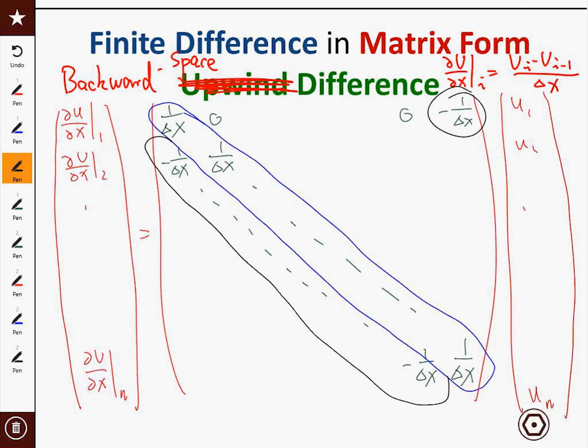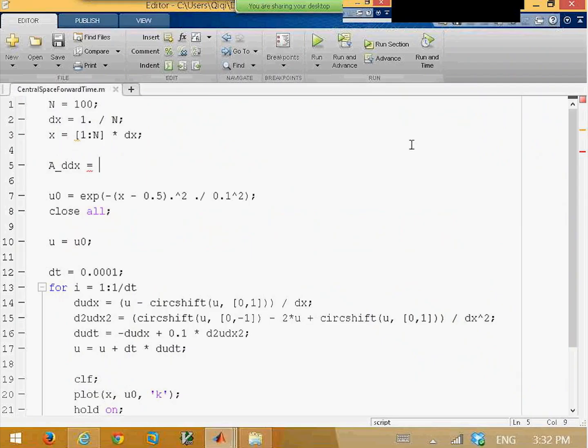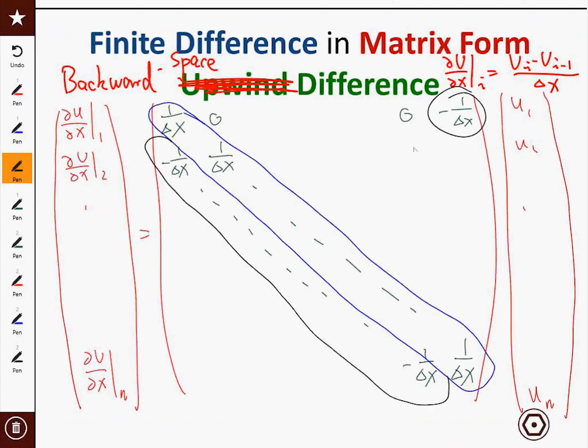In this case, I'm going to use the same function, circshift, I just used to circularly shift the solution itself. I can also shift the matrix, right? I can take this matrix and shift it either towards the left or towards the bottom. It's the same way. I'm going to get the black matrix. It is equal to I of n divided by delta x.